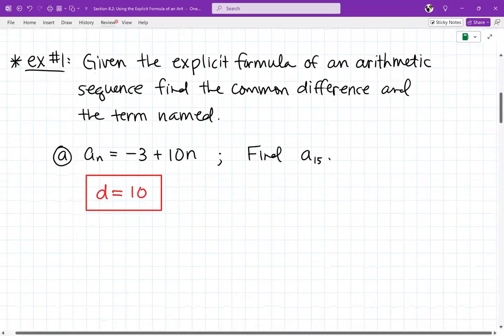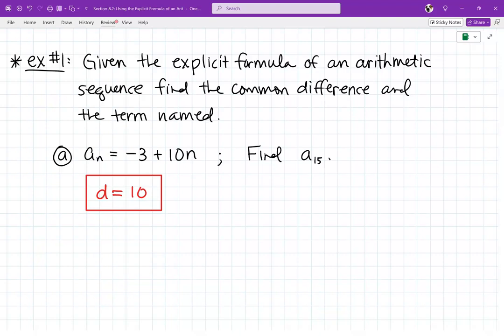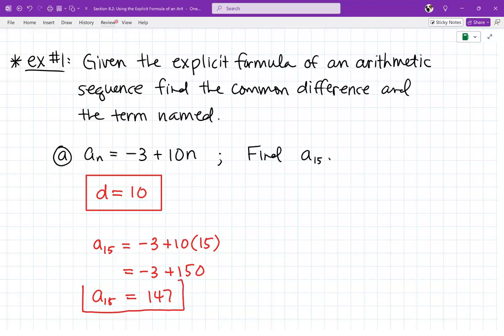Then they say find a sub 15, so I'm going to plug 15 in for n. So a sub 15 is equal to negative 3 plus 10 times 15. That's negative 3 plus 150, or 147. That's a sub 15, 147. And that's all you have to do for these types of problems.